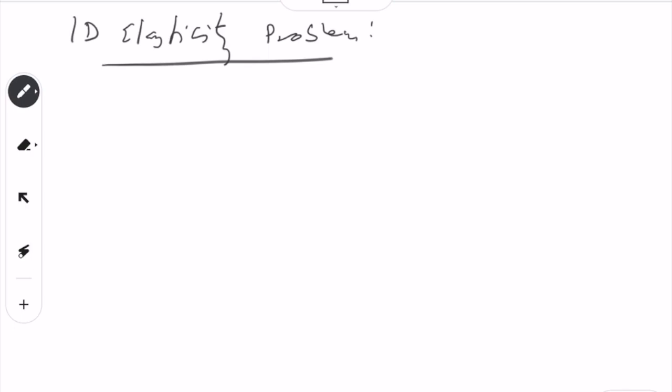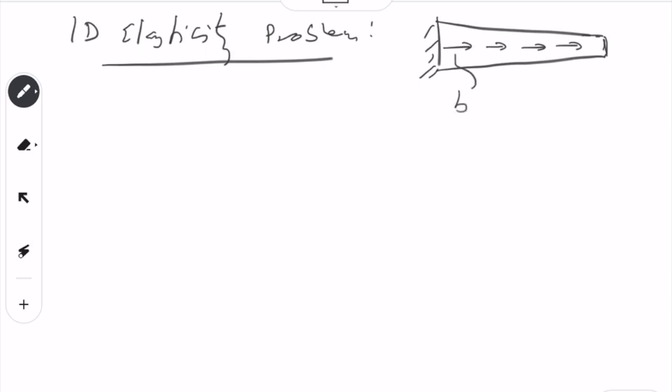Let us say our problem is some bar is like this one, whose area can be varying. There could be some body force. Okay, so what you are seeing is Bx, basically the body force. Okay, so body force is force per unit length.